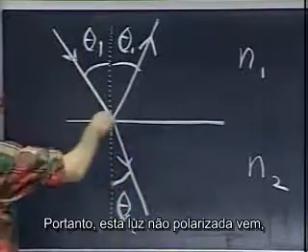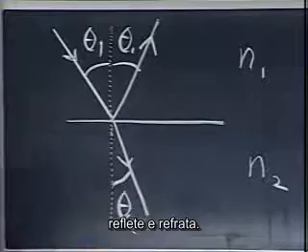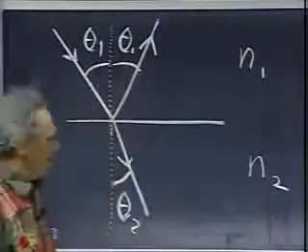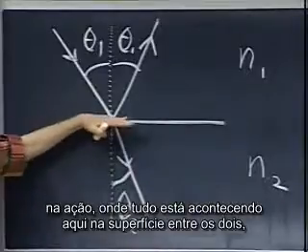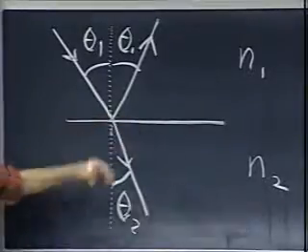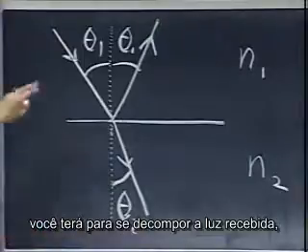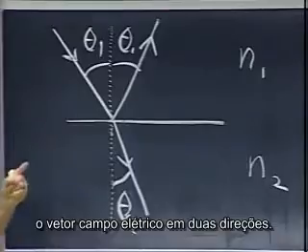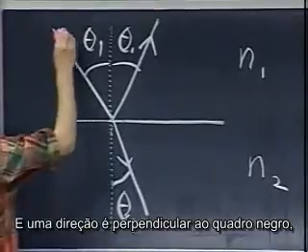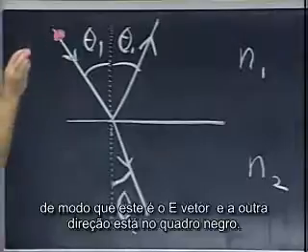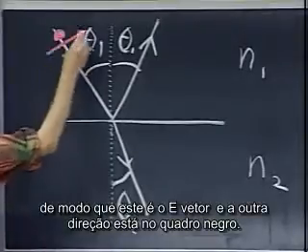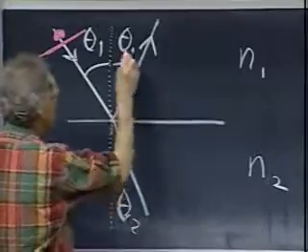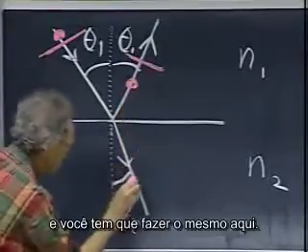So this light unpolarized comes in, reflects and refracts. If you want to use Maxwell's equations at the action where everything is happening right here at the surface between the two, you will have to decompose the incoming light, the electric field vector, in two directions. And one direction is perpendicular to the blackboard, so this is the E vector, and the other direction is in the blackboard. You will have to do the same here, and you have to do the same here.